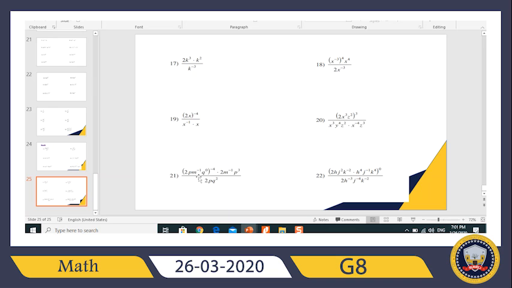See, it's very easy. And q power 0, we agreed that anything to the power of 0 gives me 1. Times 2m power negative 1 p power 3 over 2pq squared.